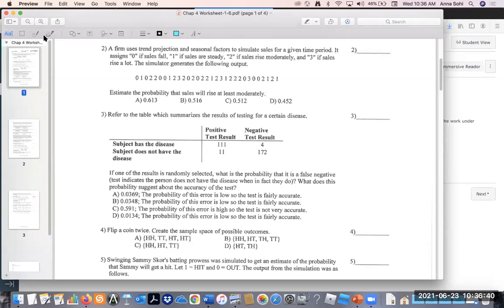So that would be 4 divided by the total number of possible cases. 111 plus 4 plus 11 plus 172. What is that together? 298.